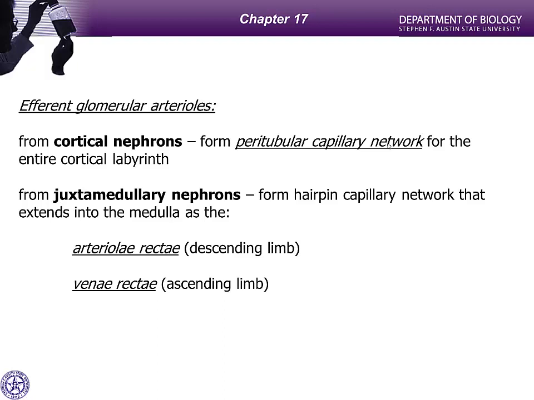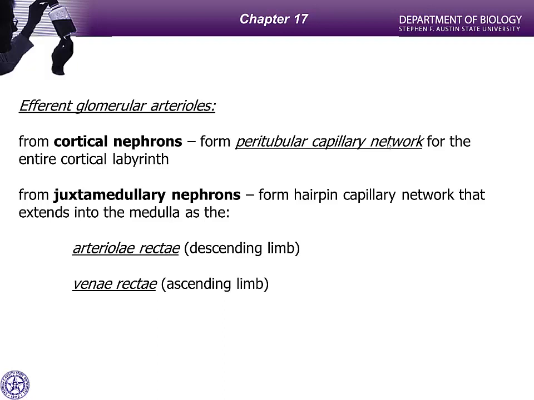For those deeply diving loops of Henle down in the medulla, we're going to have something similar to our loop of Henle that has the ascending and descending limb. For the blood vessels, those that are following the loop of Henle down, the descending portion, we call that the arterial rectae, and rectae means straight. The ascending portion is going to be the vena rectae.